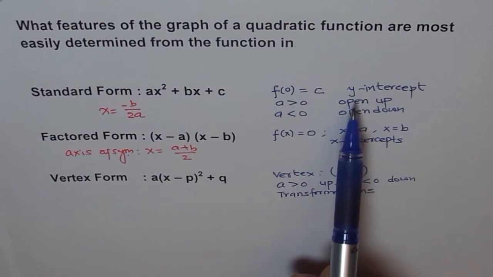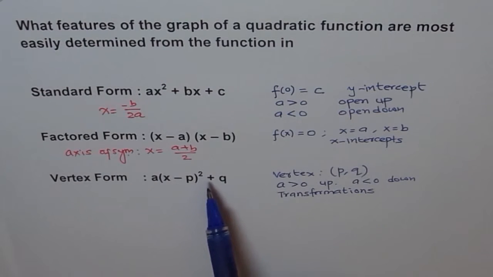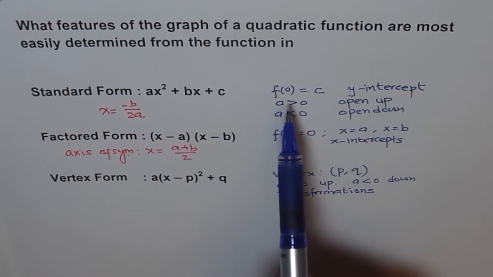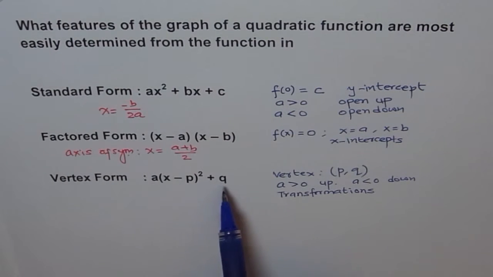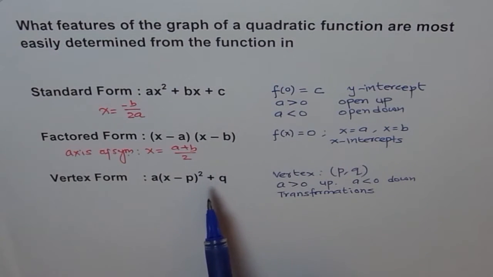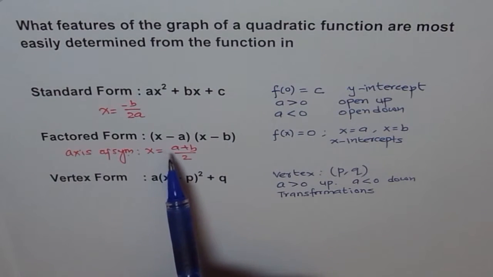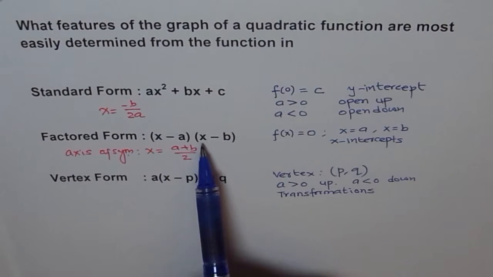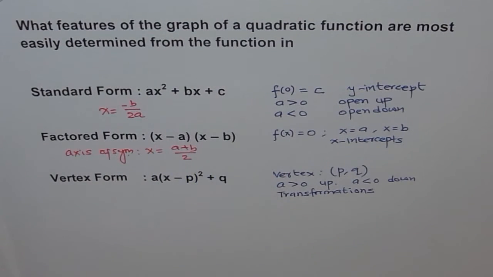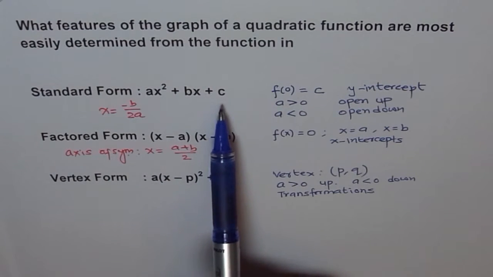Y-intercept means you plug in x equals 0, and then you calculate, correct? So the calculation is required. It's not that easy. In factored form we can also find the y-intercept, which is a times b if I put 0 here, but it needs a small calculation. That calculation is not required in standard form.